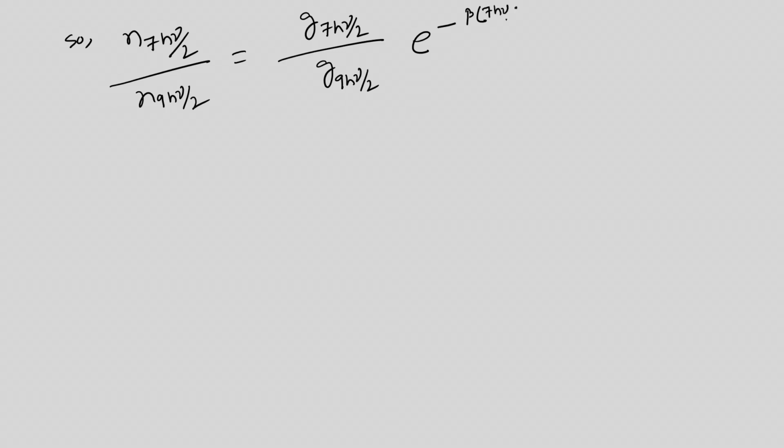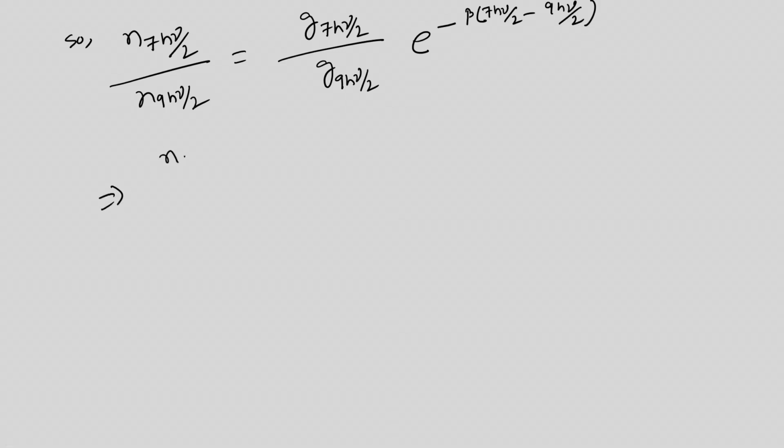N 7 h nu by 2 by n 9 h nu by 2 is G 7 h nu by 2 by G 9 h nu by 2 times e to the minus beta times 7 h nu by 2 minus 9 h nu by 2.